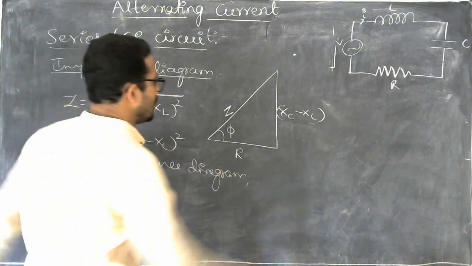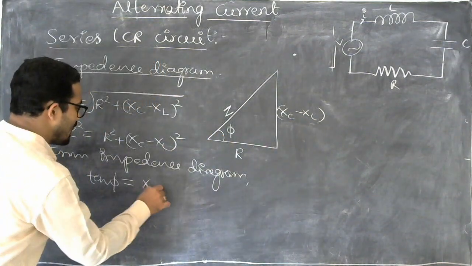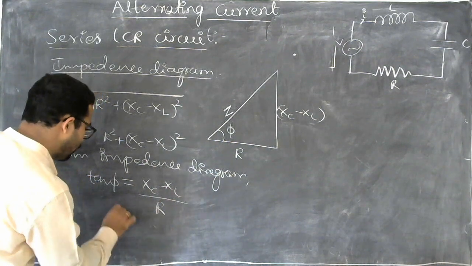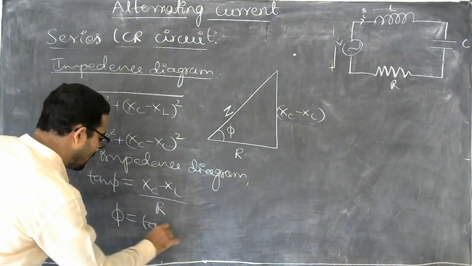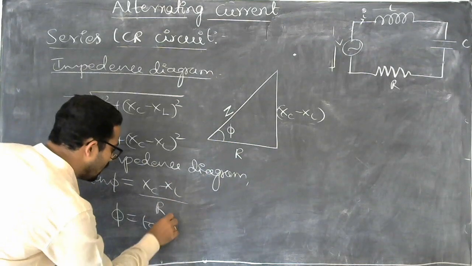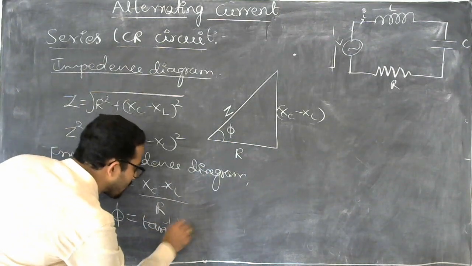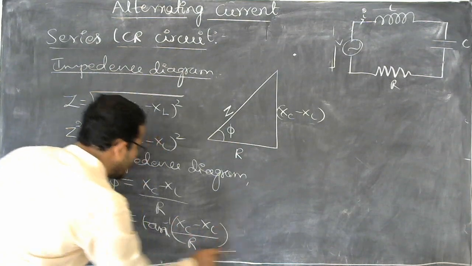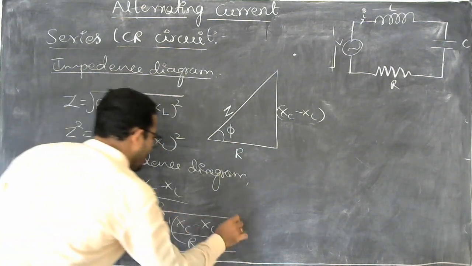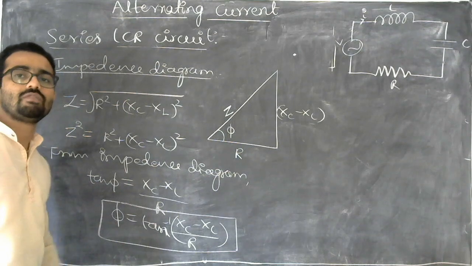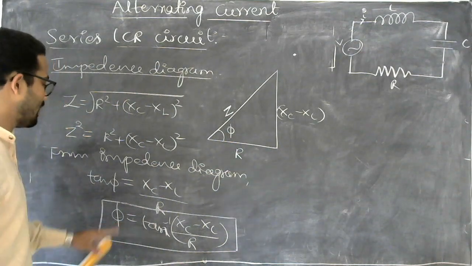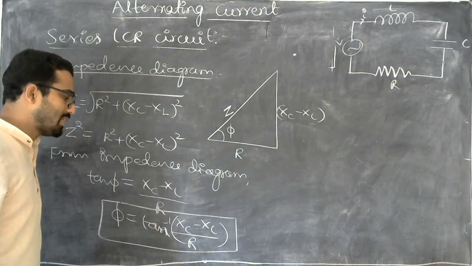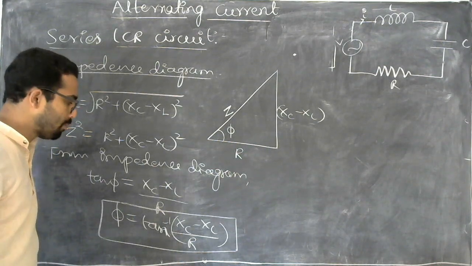Tan phi is equal to Xc minus Xl divided by R. Phi is equal to, you can take the tan inverse of Xc minus Xl divided by R. So using this equation, we can find the value of the phase difference. That is, phi is equal to tan inverse of Xc minus Xl divided by R.